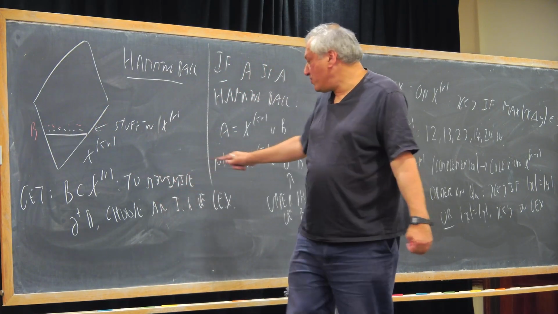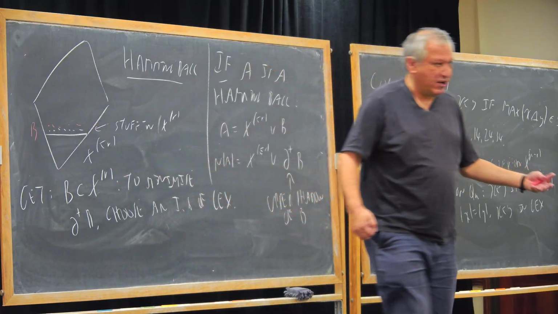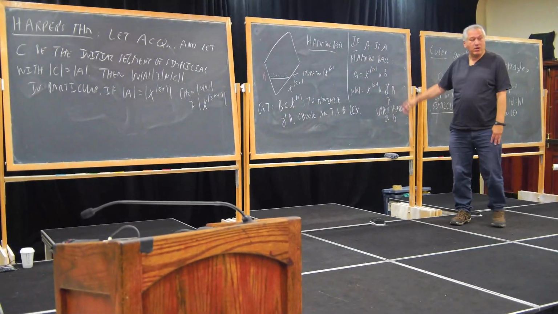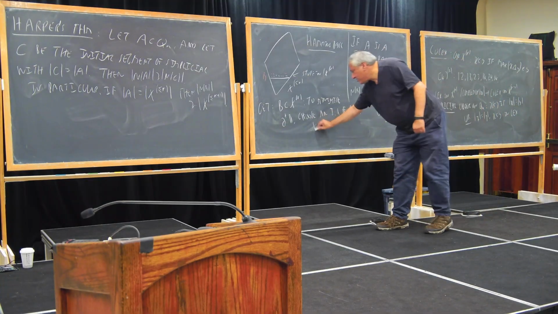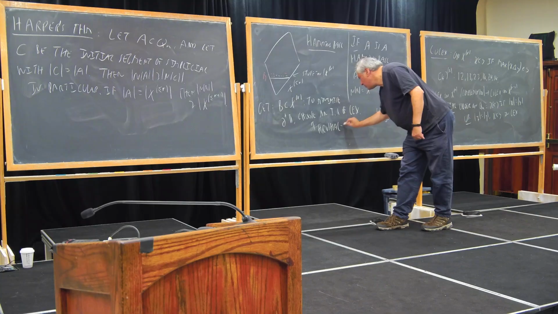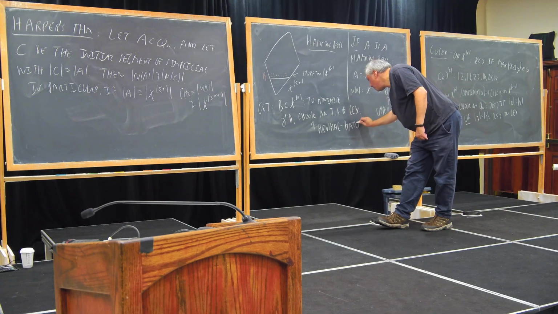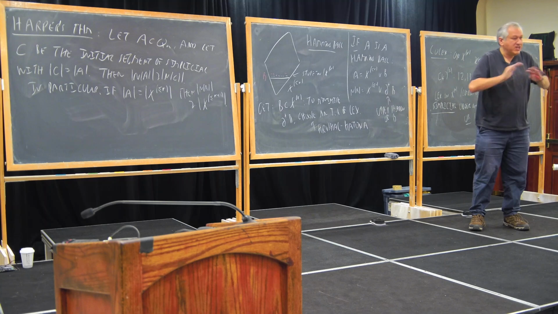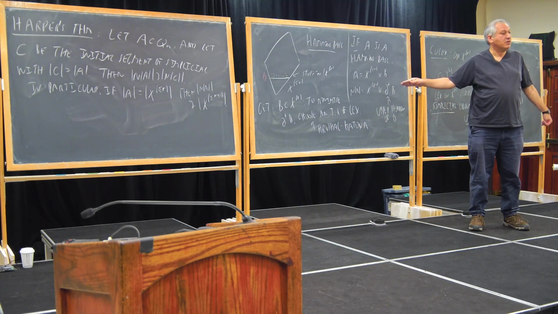So again, this fact here would follow from Harper's theorem. It wouldn't prove Harper's theorem, it would prove Harper's theorem if you knew you were a Hamming ball. And this is often called the Kruskal-Katona theorem. So in other words, having proved Harper's theorem, we'll instantly know the Kruskal-Katona theorem as a conclusion.